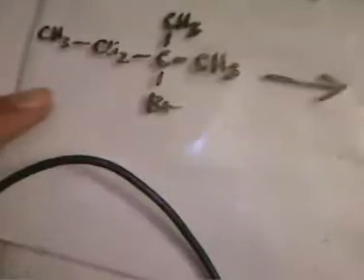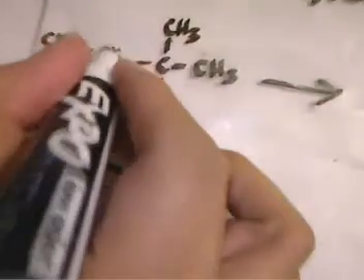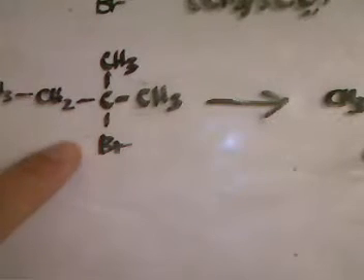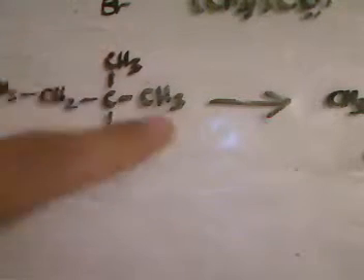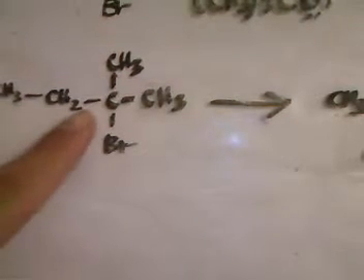And here's another example. This is a tertiary alkyl halide, tertiary substrate, and this is the carbon that has the halogen attached. Now the double bond could form in one of these locations, which are equal, or a double bond could form here, depending on which hydrogen is removed.